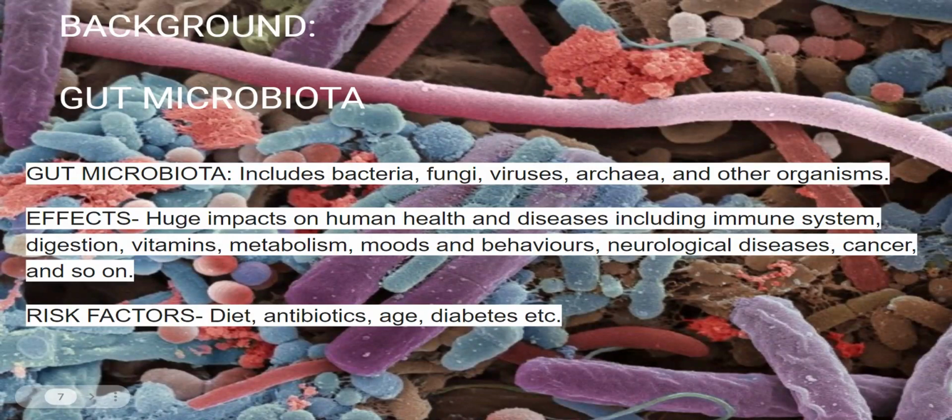It has a huge impact on human health and disease, including the immune system, because they help in promoting innate and adaptive immunity, and also in digestion of food and cellulose. It also synthesizes essential vitamins in our body, metabolizes food, and helps with our moods, behaviors, and neurological diseases.